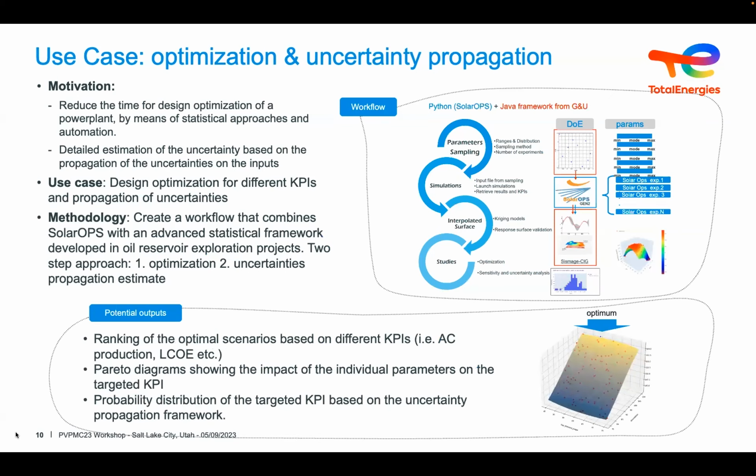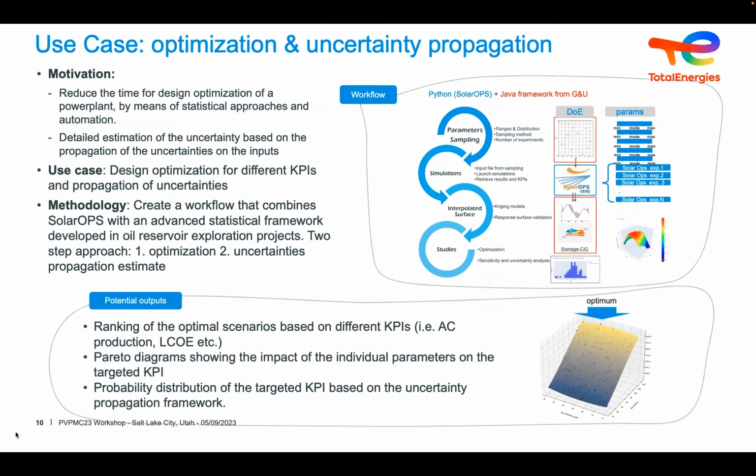Unfortunately, I cannot go into too many details, but what I can say is that the potential outputs of this framework have to do with the ranking of the optimal scenarios based on different KPIs, to create Pareto diagrams showing the impact of the individual parameters on the targeted KPI, and also to create probability distributions of the targeted KPI based on the uncertainty propagation framework.